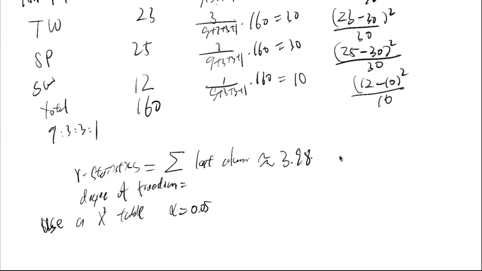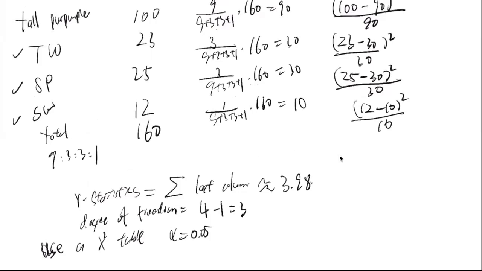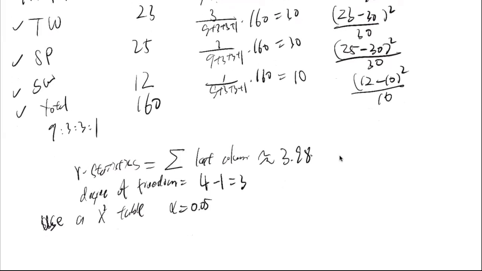A lot of students made a mistake on the quiz. The degrees of freedom in this case is 4 minus 1 equals 3, because we have 4 possible outcomes. Remember, this is goodness of fit instead of testing independence. So the degrees of freedom is just the number of outcomes minus 1, which is 3.